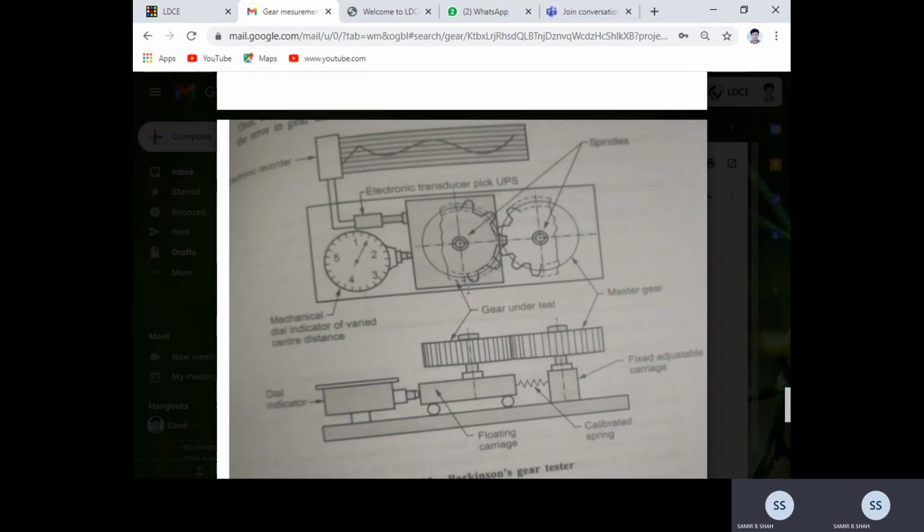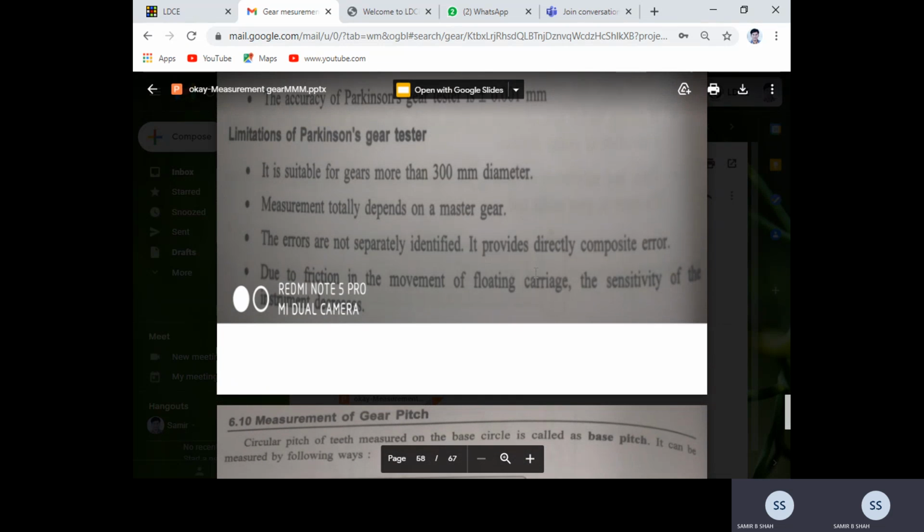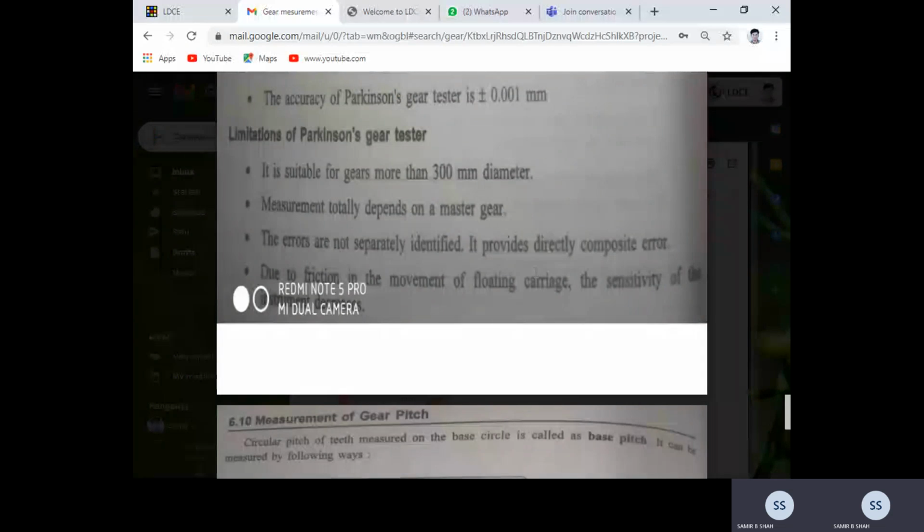The gear tester shown in the figure is for spur gears, and this type of tester is also available for testing helical, bevel, and worm gears. The accuracy is up to plus or minus 0.001 mm. There is also a limitation I should mention: it is suitable for gears of more than 300 mm diameter.